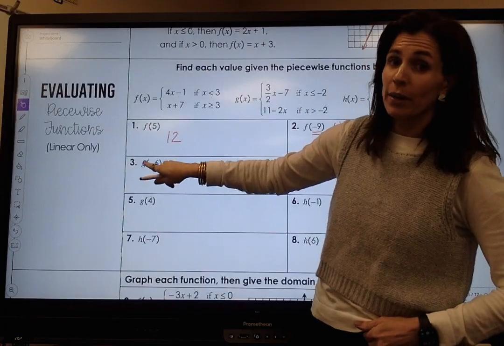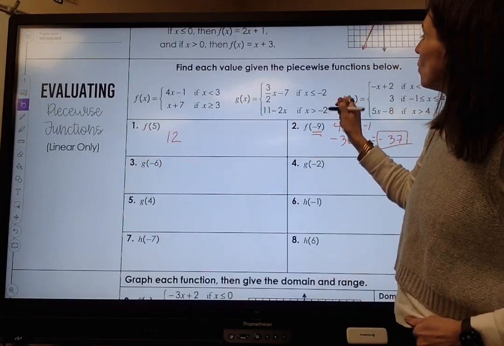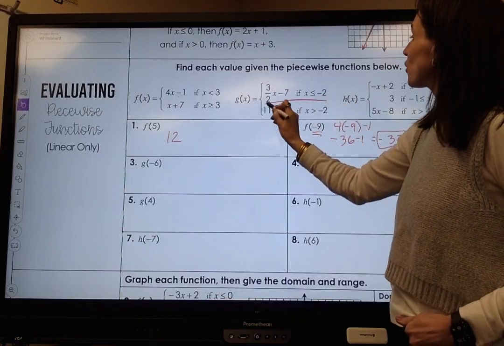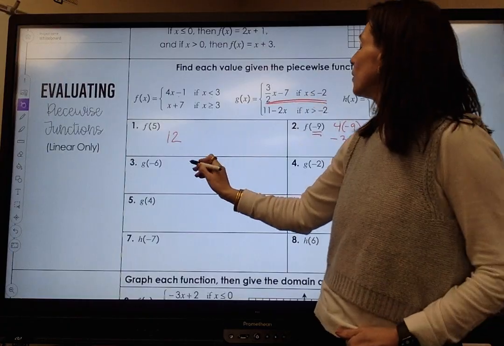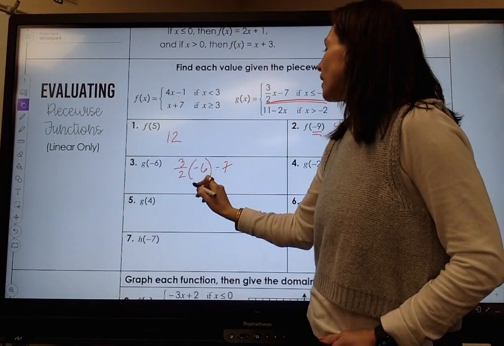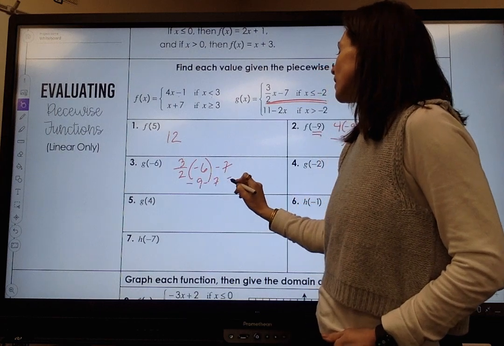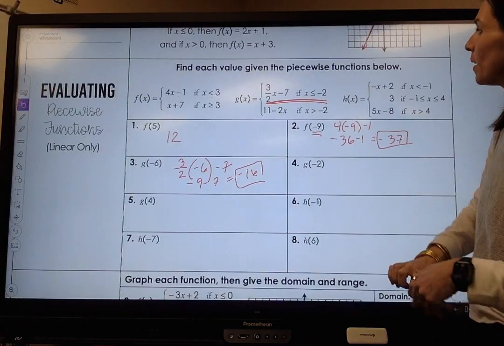So I want to evaluate the g function when my input's negative 6. So that would be this function right here, because negative 6 is less than or equal to negative 2. So I'm going to input negative 6, and I get negative 9 minus 7, and that's going to be negative 16 would be my answer there.